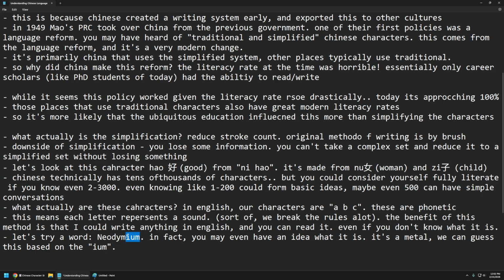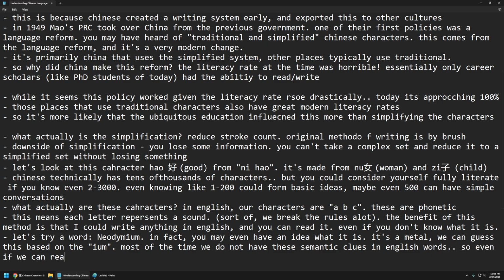So some words in English do have meaning associated with them because they have pieces of the word that have meaning, right? This is a common suffix that we use for elements. So this does come up fairly often in English, but I would say most of the time we do not have these semantic clues in English words.